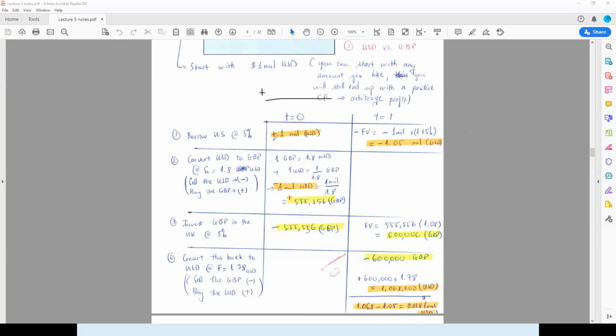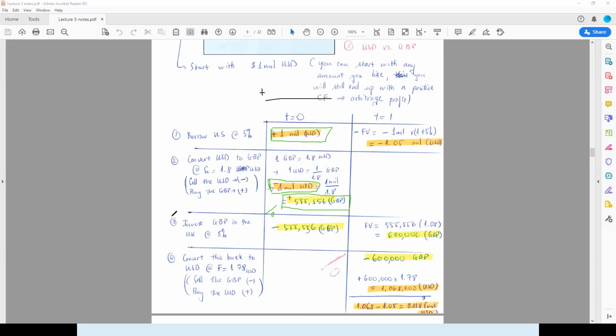In time 0, here I'm highlighting the transactions in the USD in orange, okay? So we started with 1 million USD in step 1. In step 2, we have converted it into the pounds, okay? So after step 1, we have a net 0 in the USD.